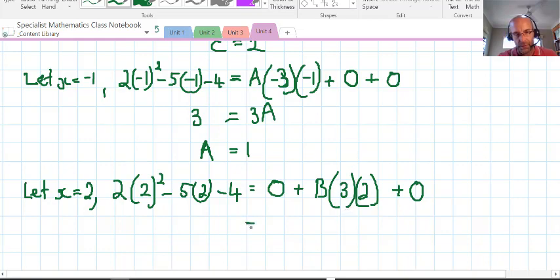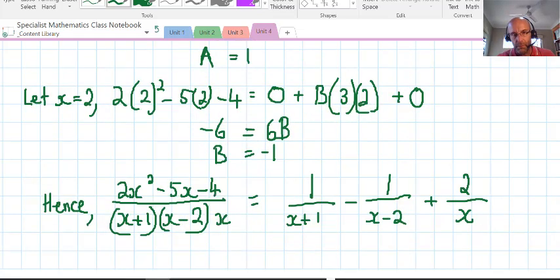So we have 4 times 2 is 8, 8 take 10 is negative 2, negative 2 take 4 is negative 6, equals 6b. b equals negative 1. So we've resolved that into its partial fractions.